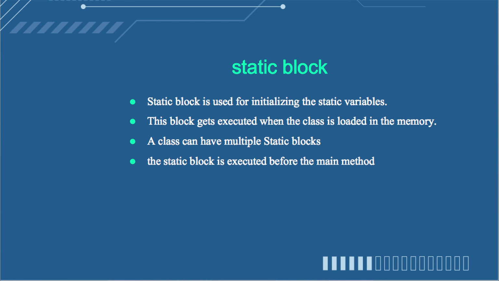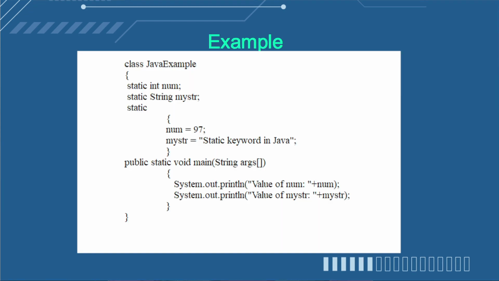The static block is executed before the main method, at the time of class loading. So let us take an example of a single static block. We have created a class JavaExample.